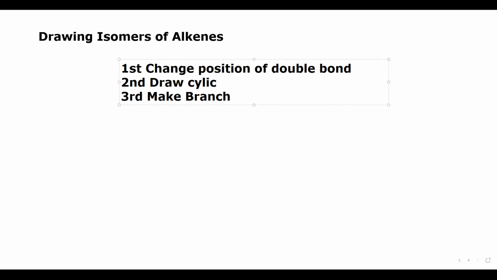What does it mean? Let me give you an example. I want to draw an isomer of C4H8. C4H8 means 4 carbon atoms: 1, 2, 3, 4.